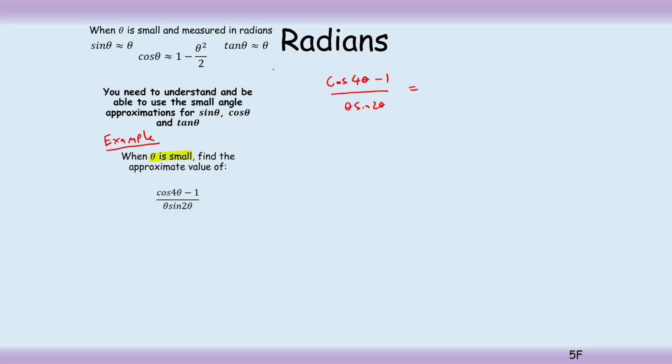Now cos 4 theta approximates to 1 minus 4 theta squared over 2, because remember it's not theta, it's 4 theta.